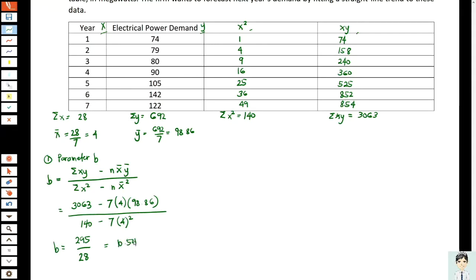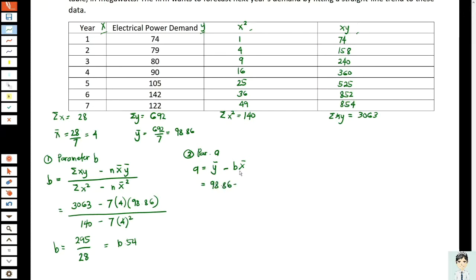Ang b natin is equals to 10.54. Compute for parameter a. Diba? Ang formula natin sa a is equals to mean ng y minus b mean x. So we have the value na mean y is 98.86.